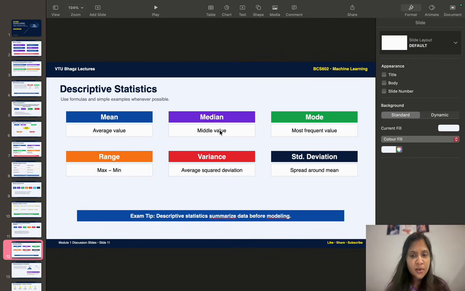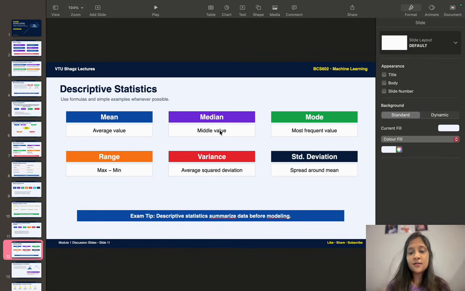Important measures are mean, where you are going to have the formula, median, mode, range, variance, standard deviation, minimum value, maximum value, and quartiles. Mean gives the average value, median gives the middle value, mode gives the most repeated value, and standard deviation shows how spread out the data is.